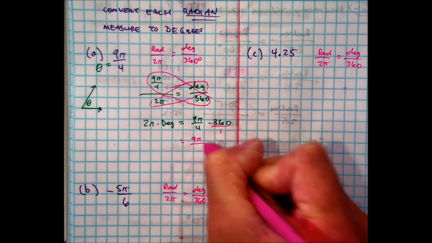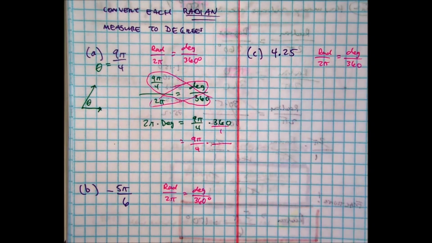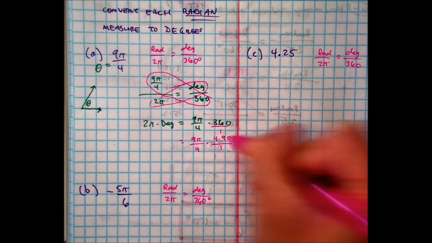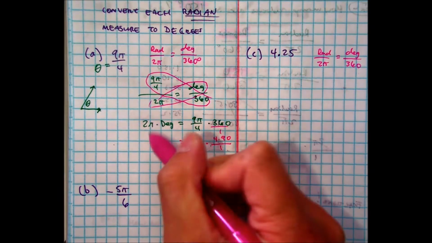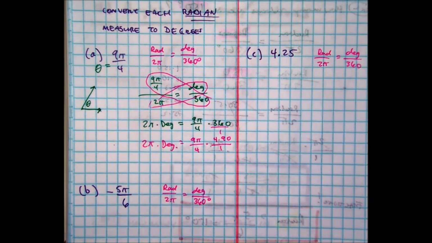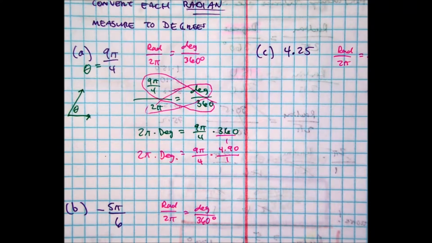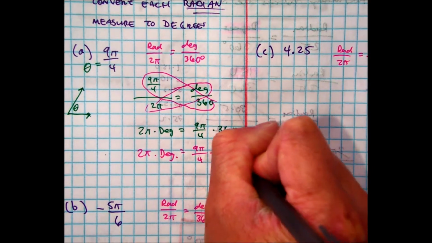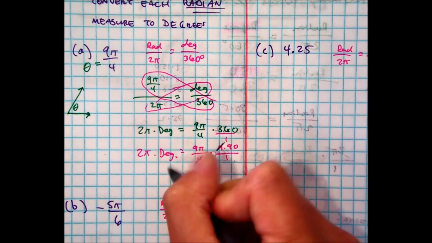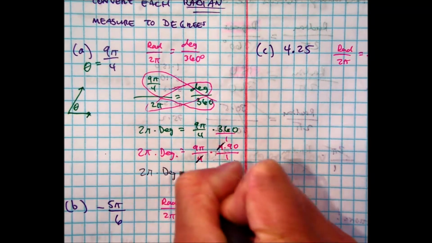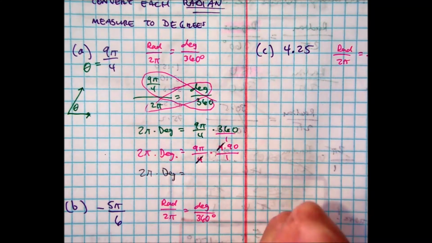What are you going to write? 4 and 90. Okay, and over here I still have 2 pi times the degrees. So over here I'm just going to cancel my 4's. I have 2 pi times the degrees equals 9 times 90.